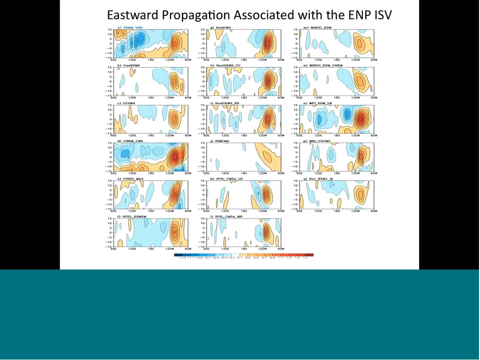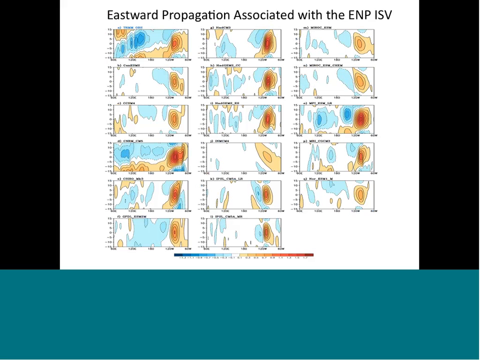So the next one shows the Hovmoller diagram. The y direction is the time, the x direction is the longitude. It generally shows the eastward propagation associated with the leading mode of the intra-seasonal variability based on the observations in the upper left panel and the model simulations. In the observations, the eastward propagation associated with the ISV over the Eastern Pacific is very clear.